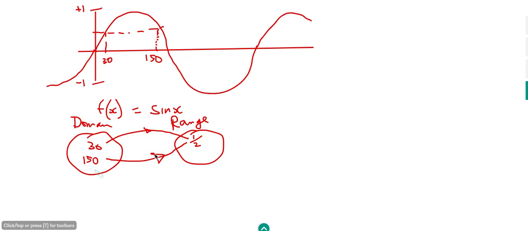And in fact, we could then repeat it over 360. So that would be 390 degrees. If we put 390 in, that would also take us to there. And we've got an infinite number of values here that would take us to half, because we could continue forever.